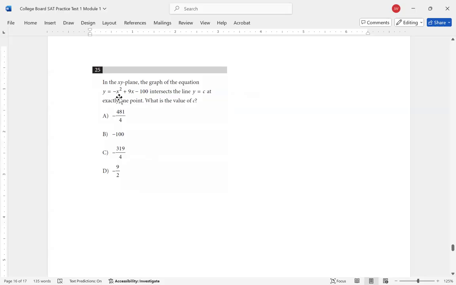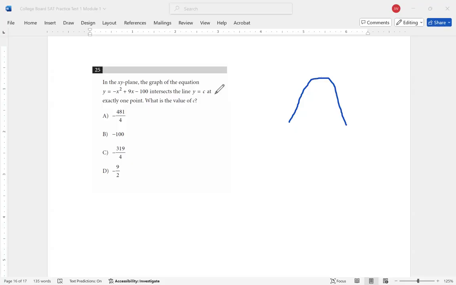Now, one of the things we need to know is that what we have here with y equals negative x squared plus 9x minus 100 is a parabola pointing down. So if you wanted to approach this problem graphically, you could graph this thing out and look at that parabola pointing down.